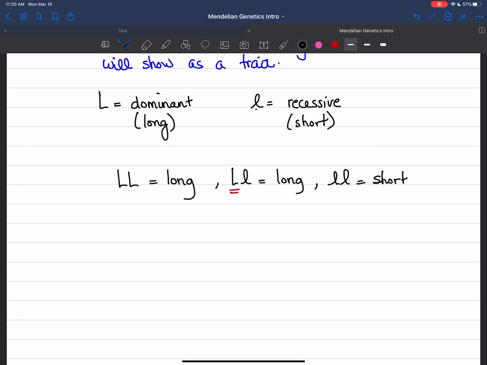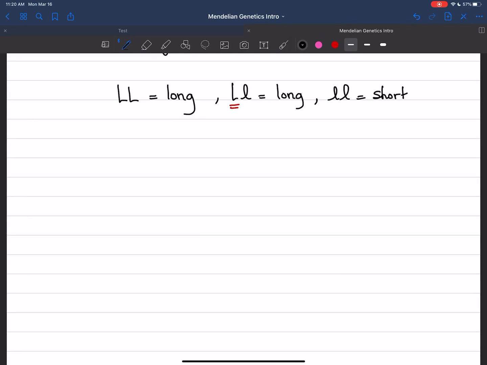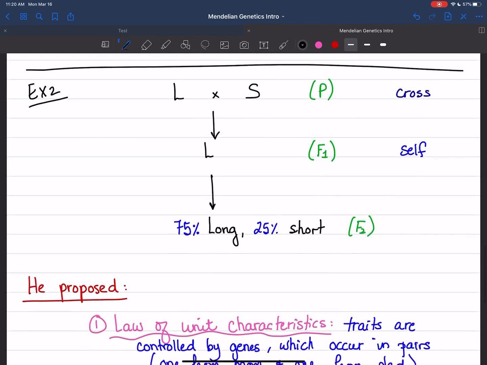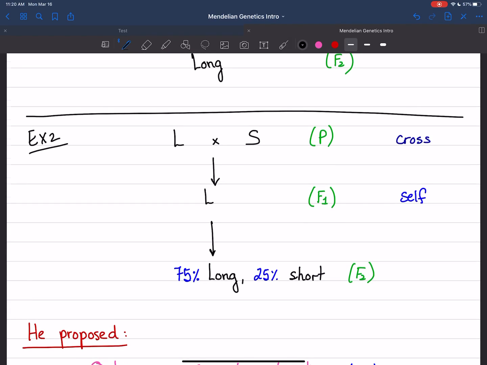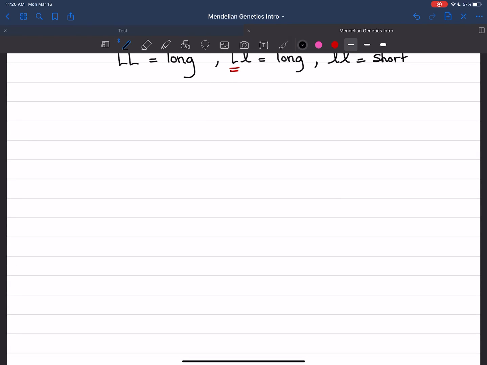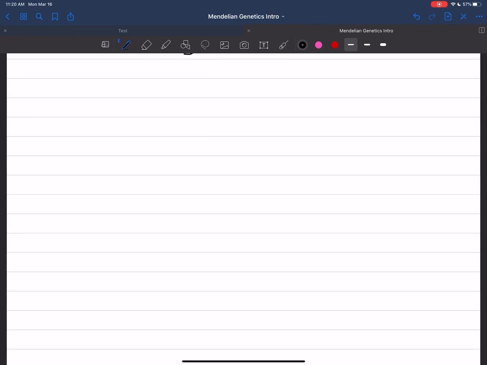Okay, let's see how that plays out in that previous cross that we just saw right here. Let's write that out, but instead of just saying L and S, let's use our alleles. So I had a long and I had a short, and I got a long as a result. And then when we crossed it, we got 75% long and 25% short.